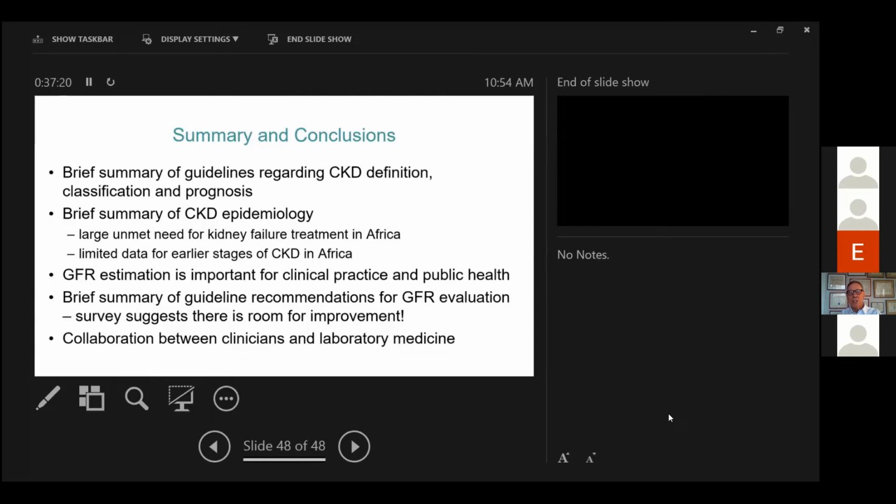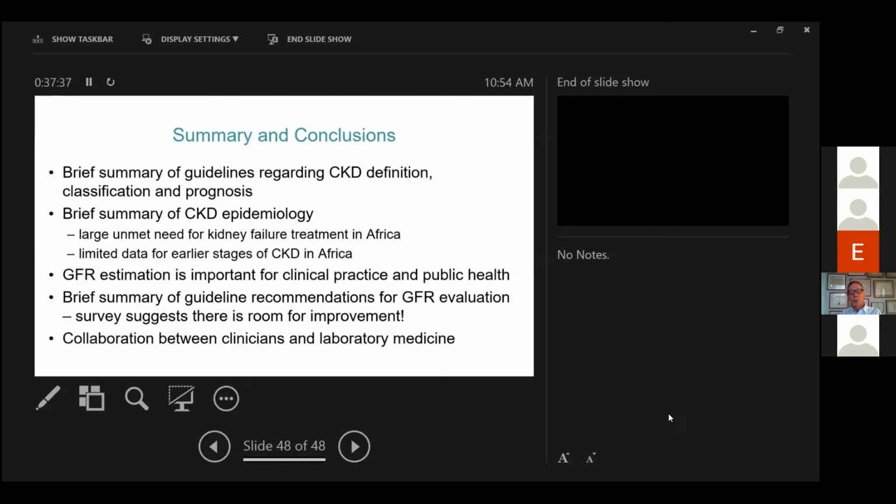The guidelines don't specify any difference in the criteria for CKD for older individuals and for younger individuals. We do recognize that GFR goes down with age, but the definition is not age stratified.